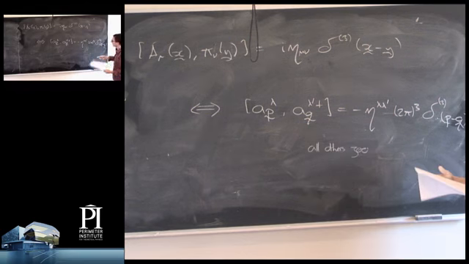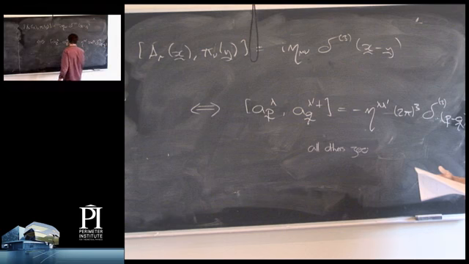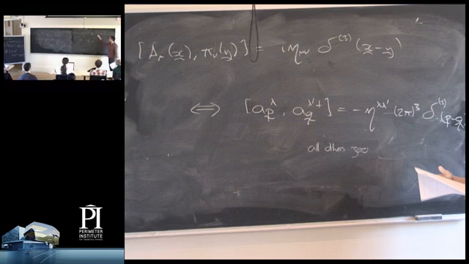So all others 0. This is the usual kind of commutation relation we've seen over and over again. You just plug these in here.